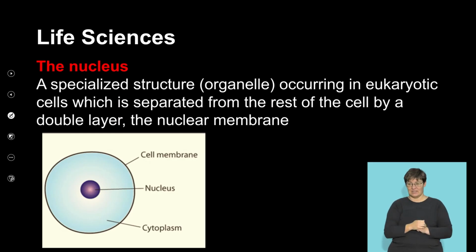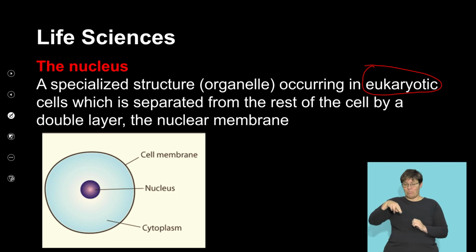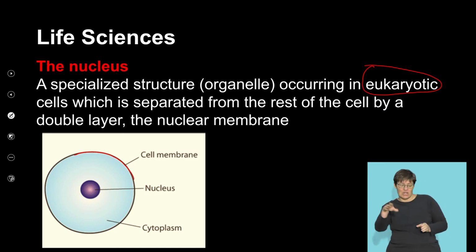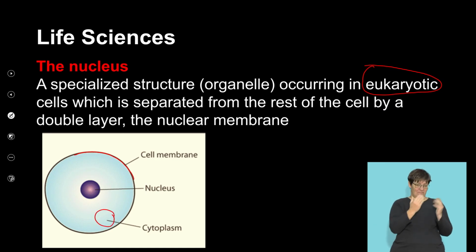Now, the most important of all of these organelles. All living cells, eukaryotic living cells, that is very important, because a prokaryotic cell does not have this concept of what is a nucleus. So we've looked at what a cell membrane is, separating the outside and the inside. We have this jelly-like gel keeping everything in space, some hanging around, some dissolved.